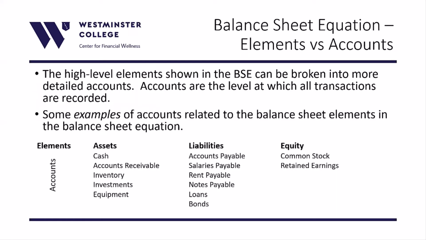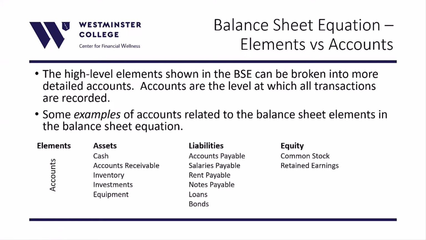All right, so the balance sheet equation needs to be even more detailed. Rather than using the high-level elements, which are the assets, the liabilities, and the equity, we can break it down further into what we call accounts.